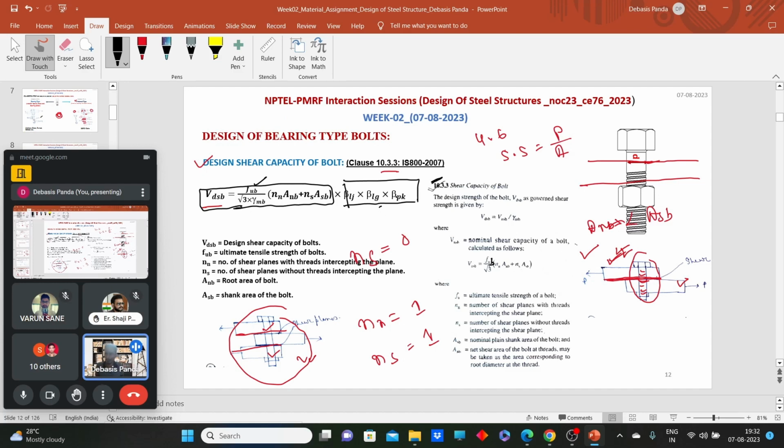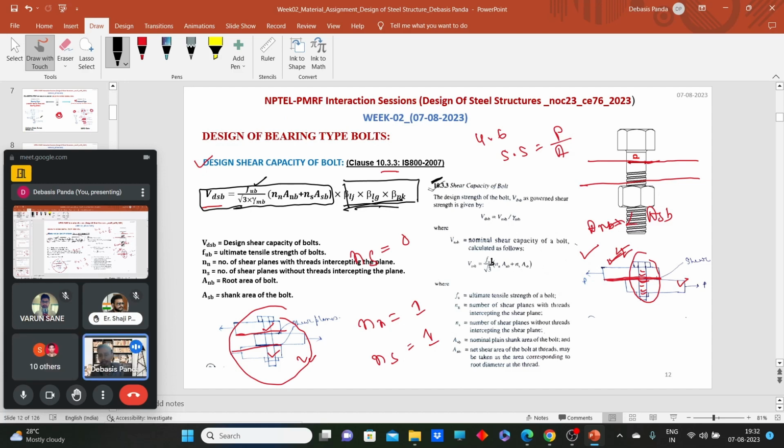So till now you have an idea that if I have a joint, and if I know the number of shear planes, I can calculate the shear capacity of a single bolt. Now come to the correction factors part.